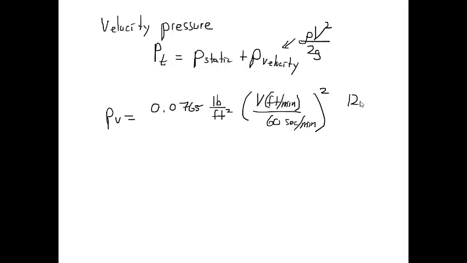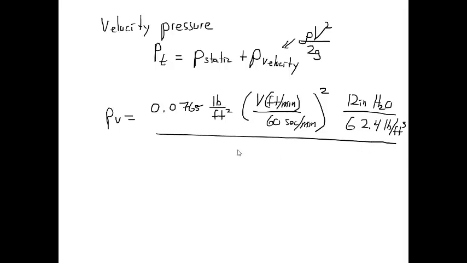And then you want to get your pressure in terms of inches of water. We'll throw in 12 inches of H2O divided by 62.4 pounds per cubic foot, which is the density of water, and then that divided by gravity.